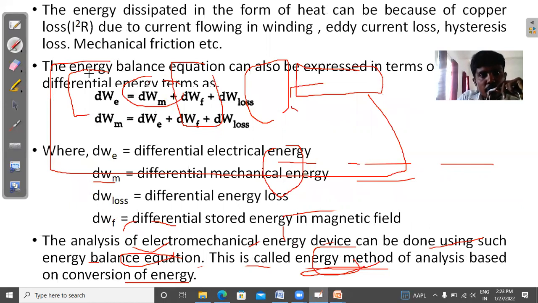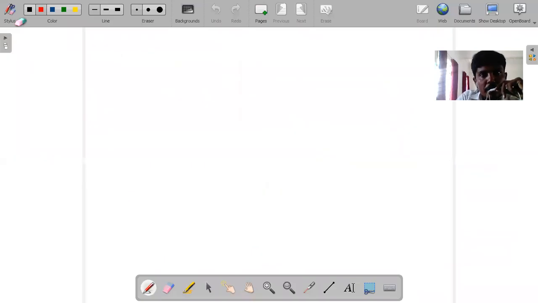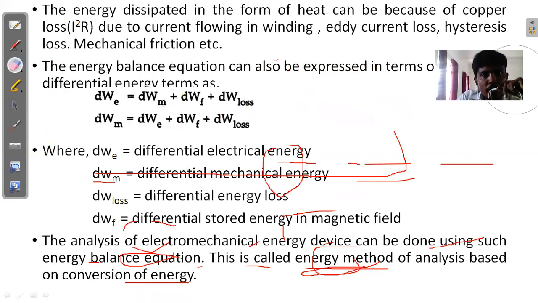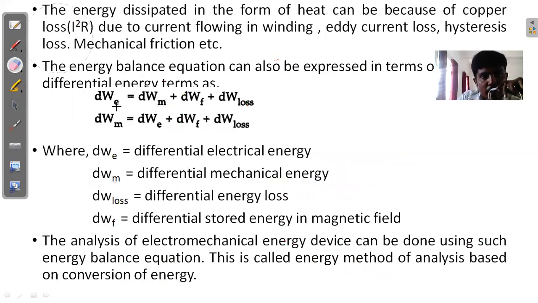So how do we write the energy balance equation in terms of a mathematical model? The electrical energy is represented by the differential electrical energy dW. It equals the differential mechanical energy plus the energy stored in the magnetic field, plus the losses, dW losses.